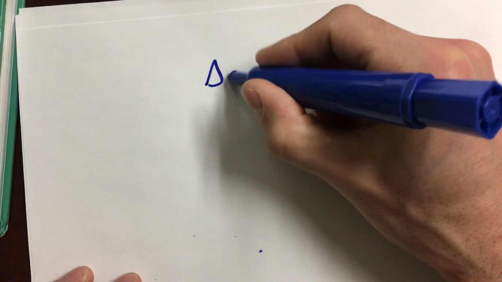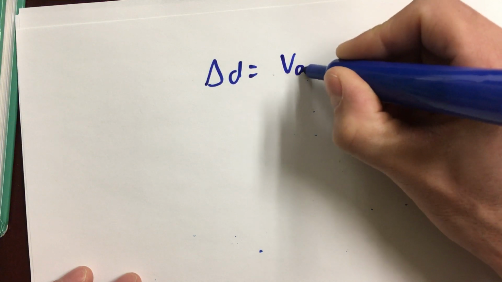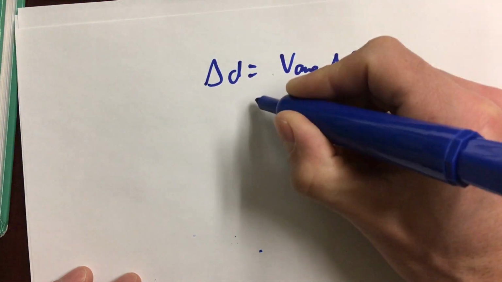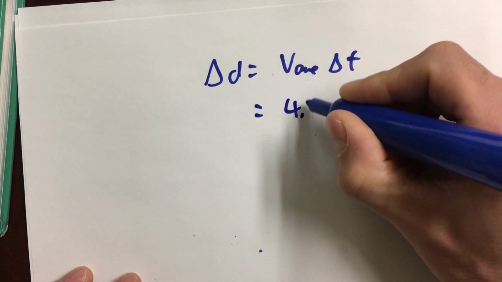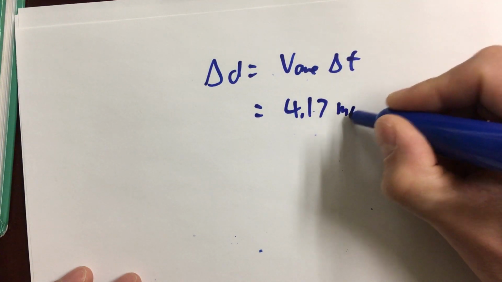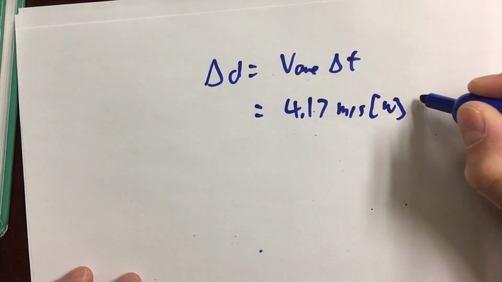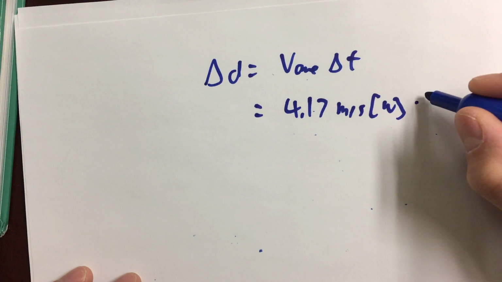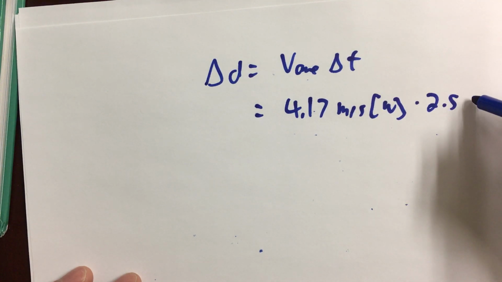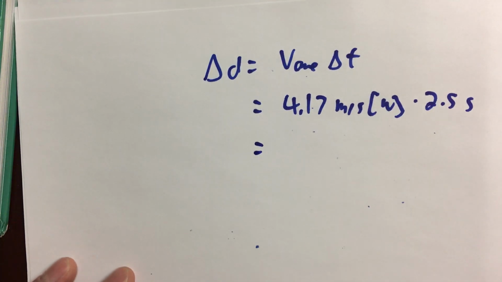And the amount of time was 2.5 seconds. Remember, displacement is average velocity times time. So it is 4.17 meters per second west multiplied by time, which is 2.5 seconds.